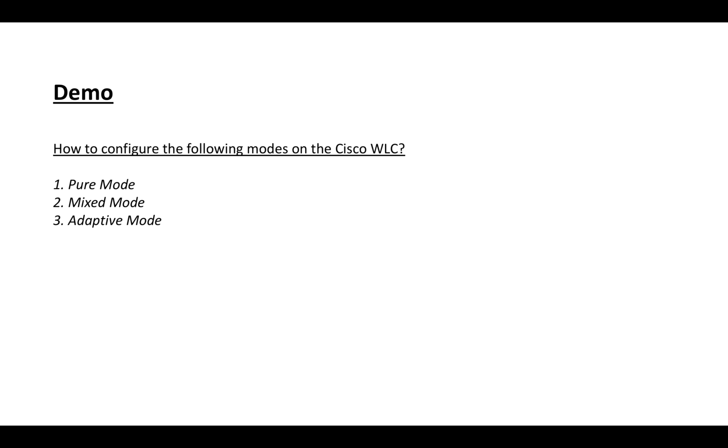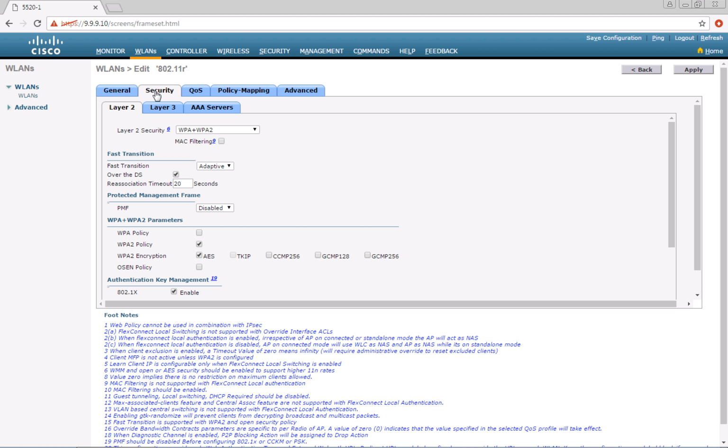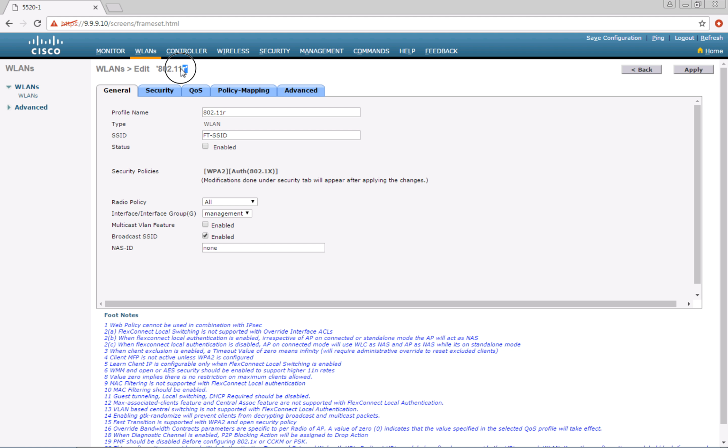Let's talk about the demo part. So I'm just going to switch on to the controller. Okay. So here I have my SSID, which I've already created, which is called 802.11r. I've created the SSID, which is my FT SSID, and enable it, of course.